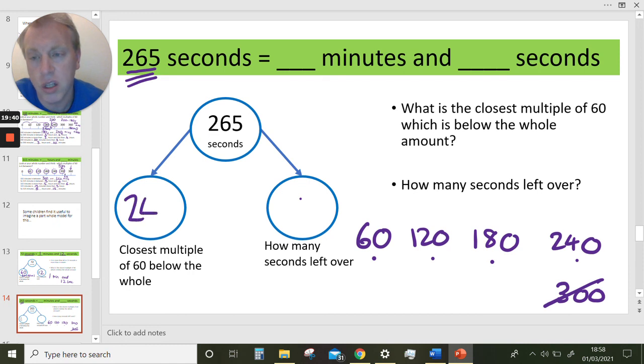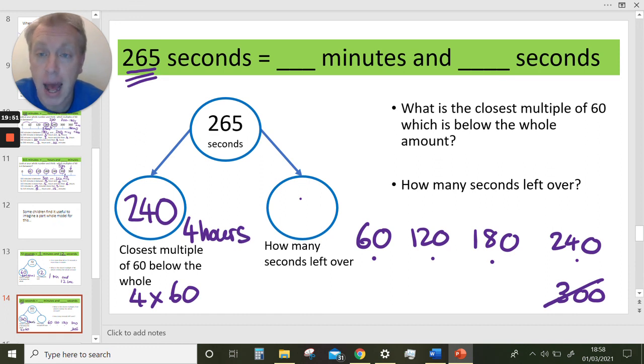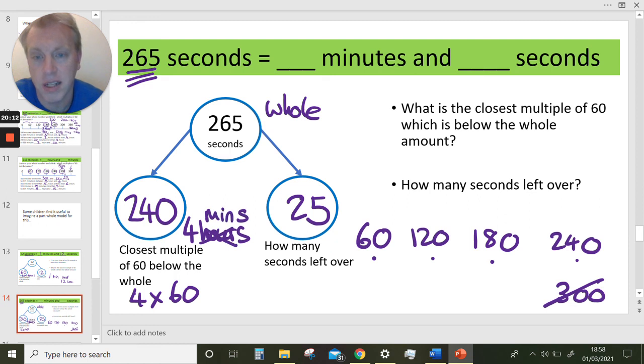So I'm going to split it into 240, which is 4 times 60, so that is 4 minutes. And then how many more? Because this is the whole number of seconds, 265. Take away 240, 25. Sorry, I wrote hours there and I meant to say minutes and 25 seconds. So it's 4 minutes and 25 seconds.